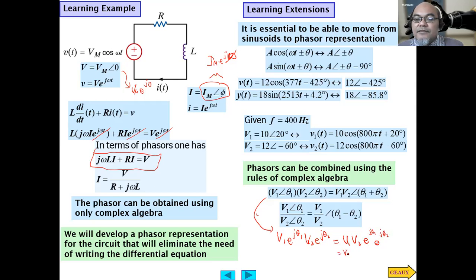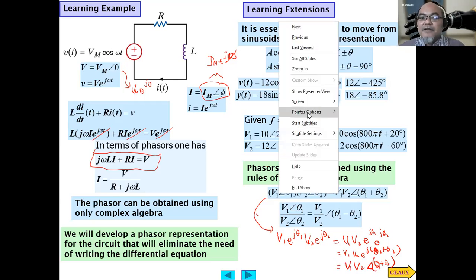From complex algebra, this equals V1 V2 exponent j times theta 1 plus theta 2. Re-expressing back into phasor, this equals V1 V2 with an angle of theta 1 plus theta 2. Okay, I hope it's understandable.